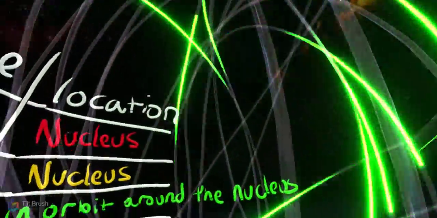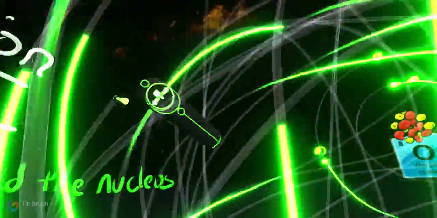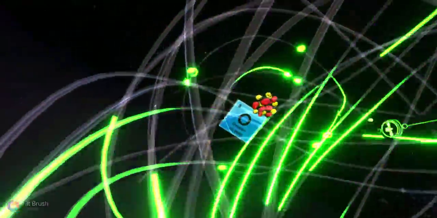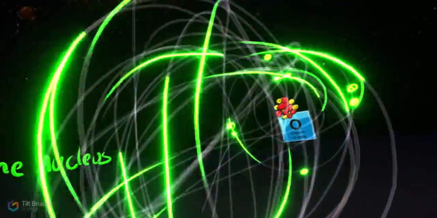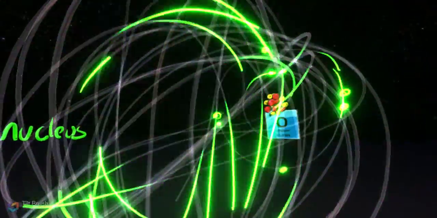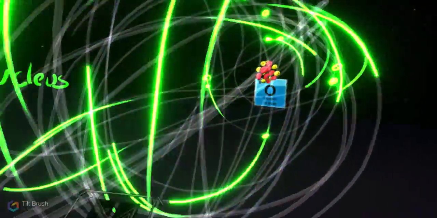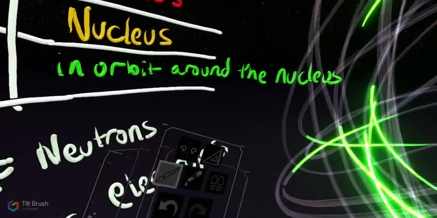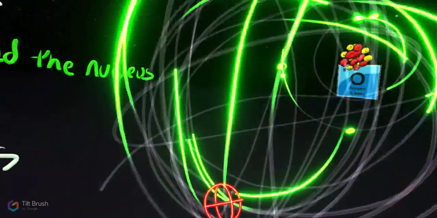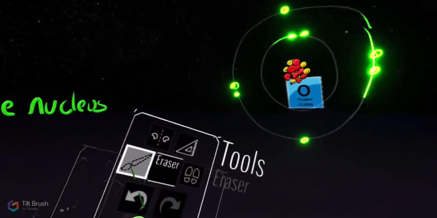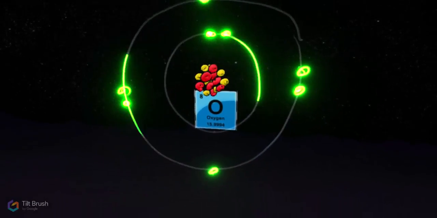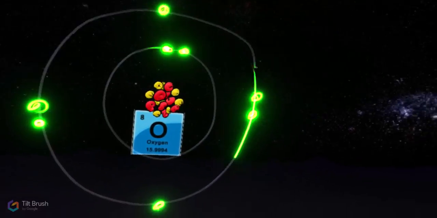You wouldn't be able to see even into the middle of it, and it's all going around like this. It's more complicated than our easy little diagram there, but that's okay. For our purposes, freshman biology, we're going to go with this.